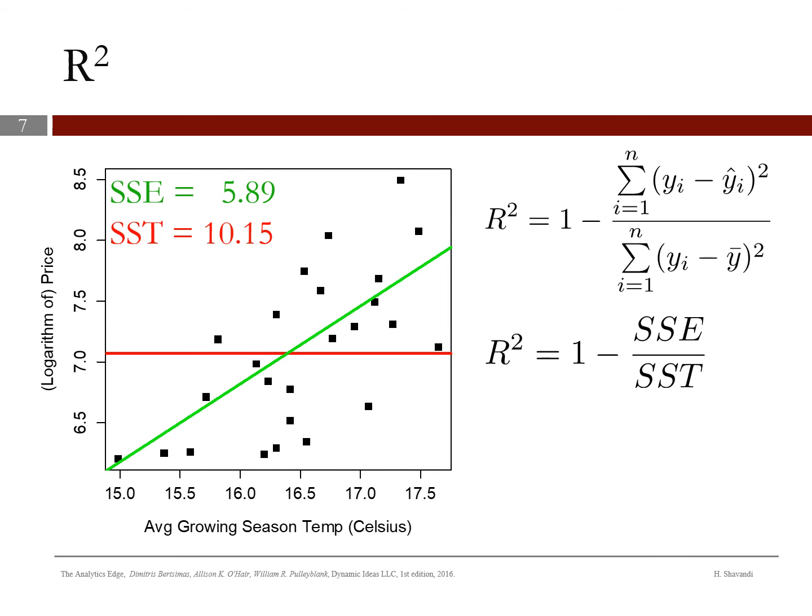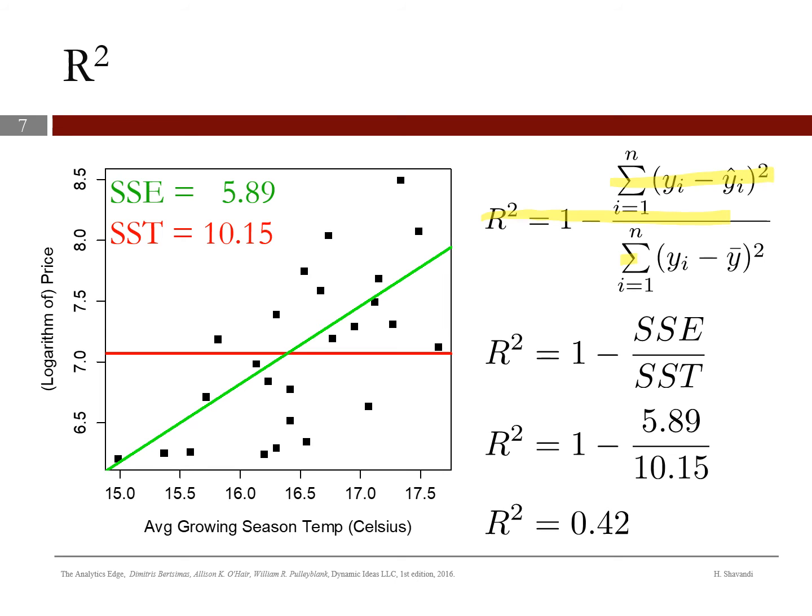So here we show how the R square is calculated. The formula for R square is this. We denote the numerator of the fraction by SSE and the denominator by SST.